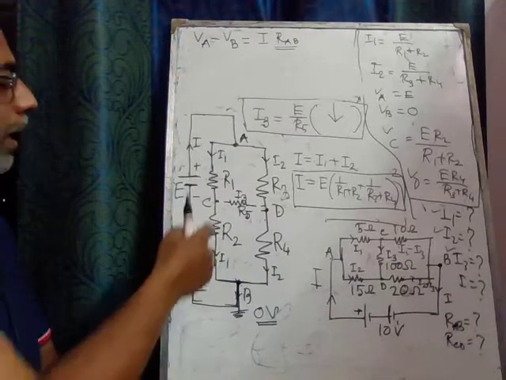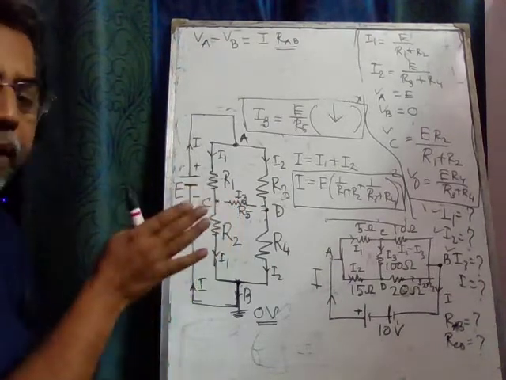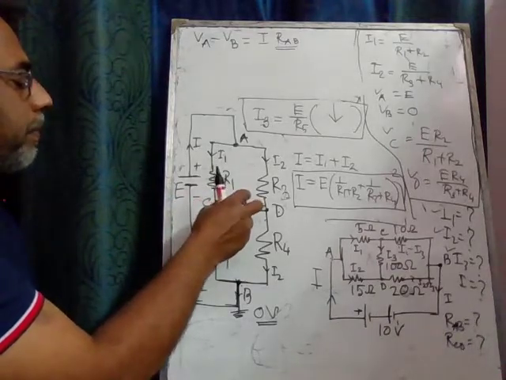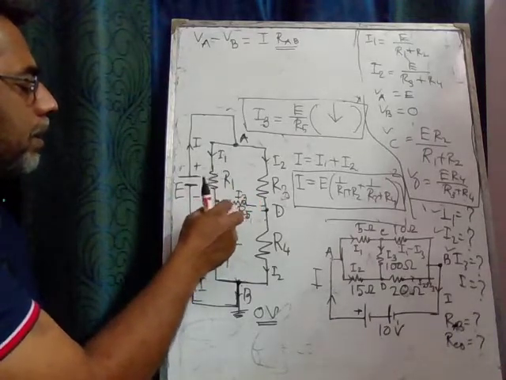Clear? When C and D are open, there will be no flow of current through R5, so this is not connected.